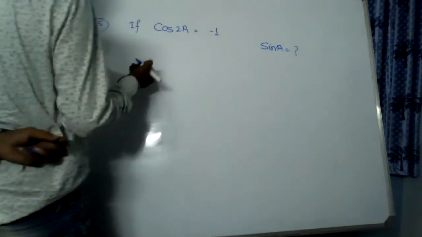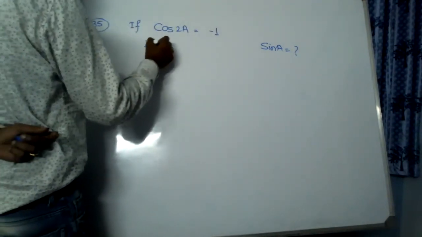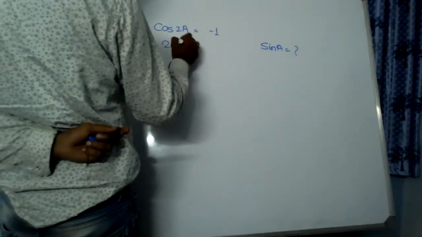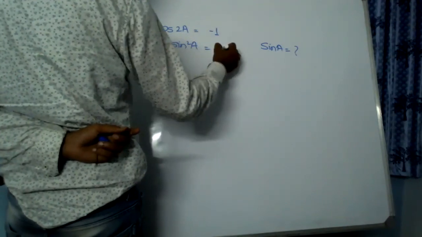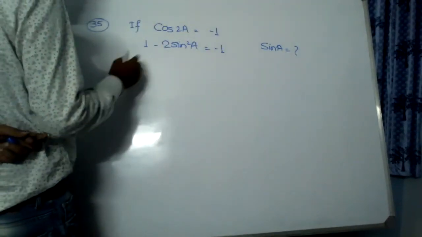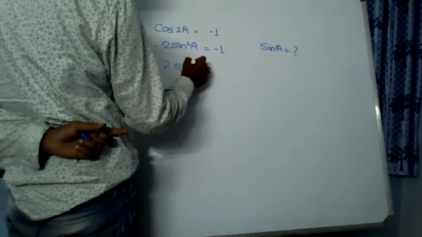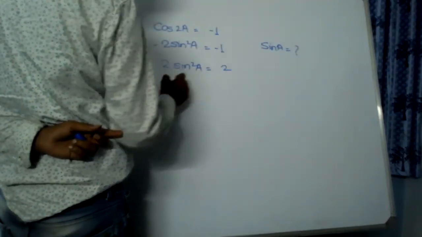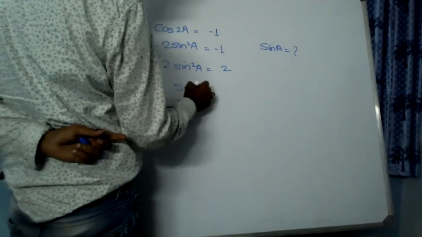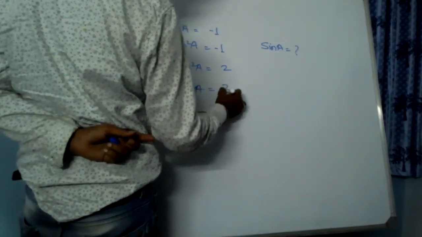What I can do is, cos 2a, if you remember the formula, is 1 minus 2 sine square A, right? That is equal to minus 1. Bring 1 that side, just simplification. 2 sine square a equal to 2. Sine square a equals 2 by 2, that means 1.